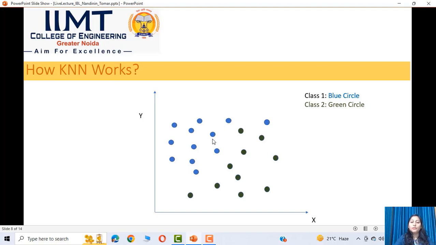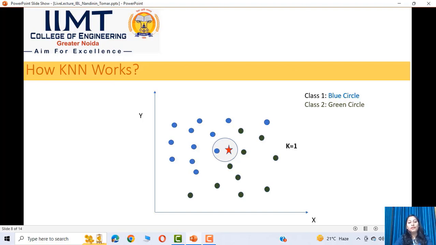So here we have some blue circles as well as some green circles. Now we have a new query instance which we have defined with this red star. First we'll consider k equals 1. It means that we have to look for one nearest neighbor of this given query instance.